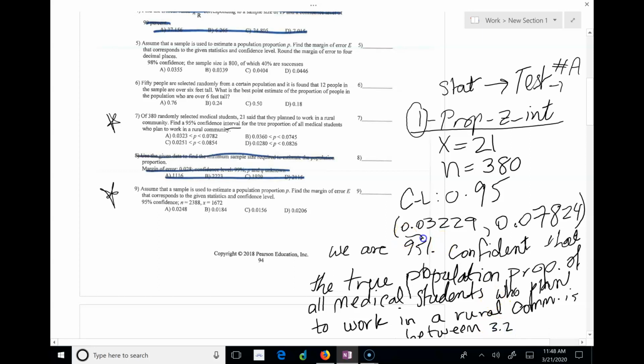You multiply each by 100 to get the percent. So the answer to that is A. Next question.